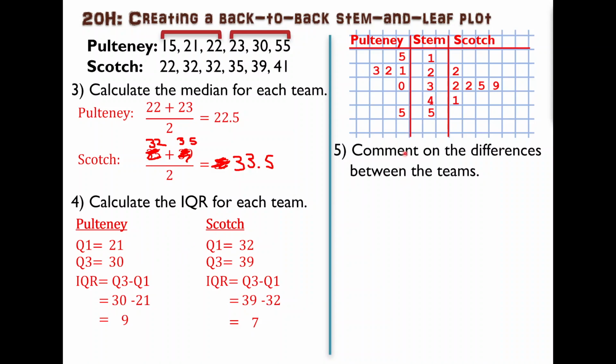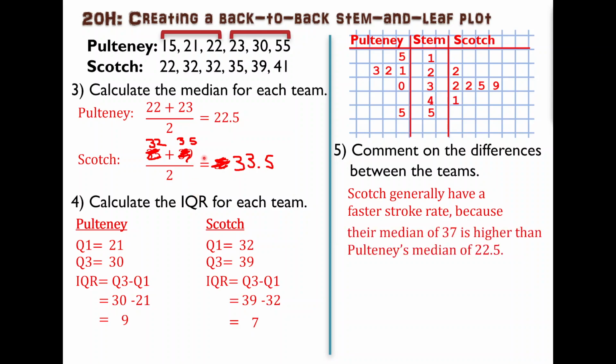So we can make a comment on the differences between the teams based on all the data that we've found. Not based on our gut or our intuition, but based on real, objective, solid data. What we can say is that Scotch generally have a faster stroke rate because what statistic can we use to back that up? We can use the median.